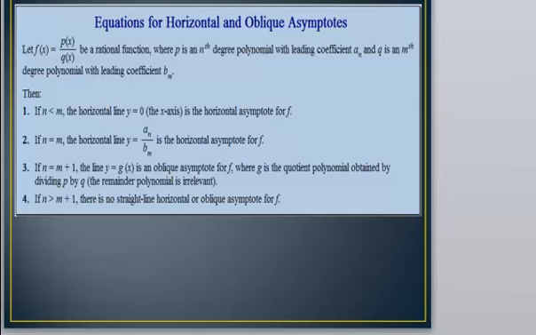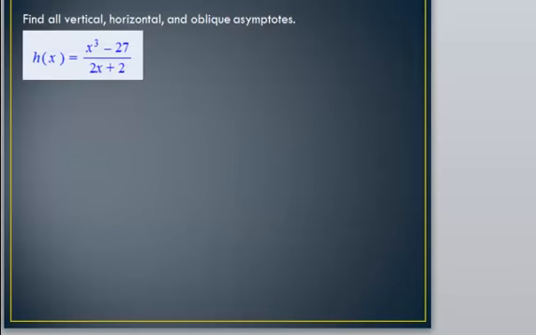This is the same screen that I had in the last video. It's just outlining horizontal and oblique asymptotes for us. Find all vertical, horizontal, and oblique asymptotes. How do you find your vertical asymptotes? You must completely factor.